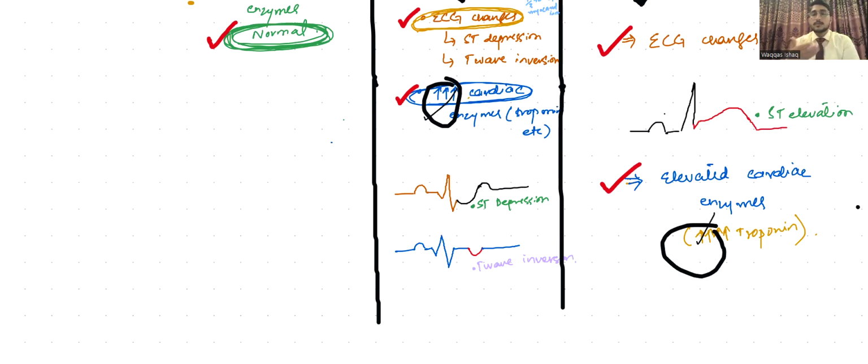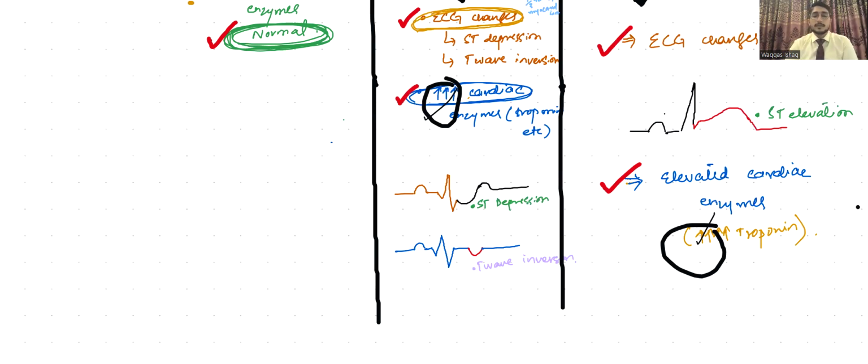That is an entirely different topic; we will discuss that in our future videos. So basically, we can identify which area is being damaged based on ST elevation in different leads. The same thing goes with NSTEMI, but the difference is that you will have ST segment depression and T wave inversions.